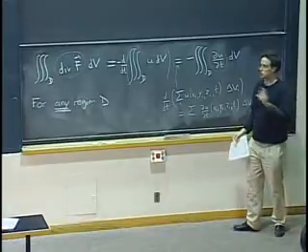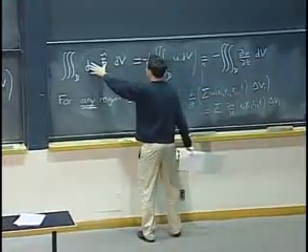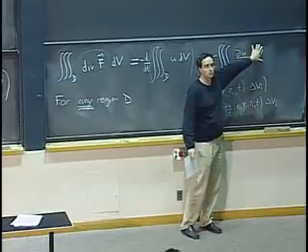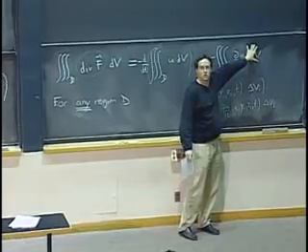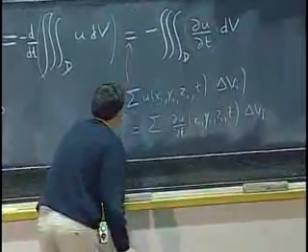Just think of what happens if you take D to be a tiny little box. You'll get roughly the value of div f at that point times the volume of the box. Or you'll get roughly the value of ∂u/∂t at that point times the volume of the little box. So the values must be the same. Well, let me explain that a bit better.